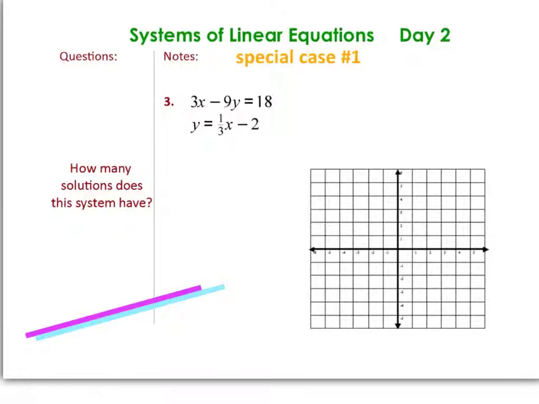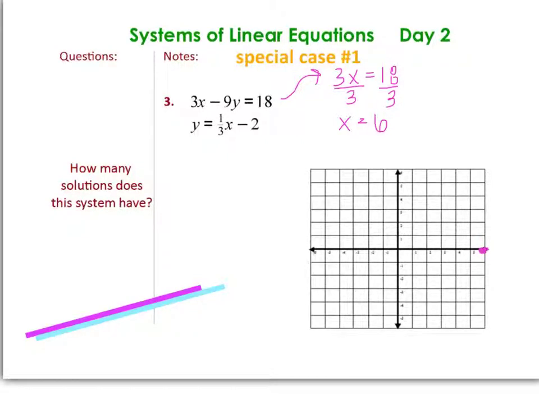But if I look at this, I'm going to solve this using intercepts. Well, if I cover up my y's, I get 3x equals 18. If I divide both sides by 3, x equals 6. Meaning my x-intercept is at 6, which is way over here.